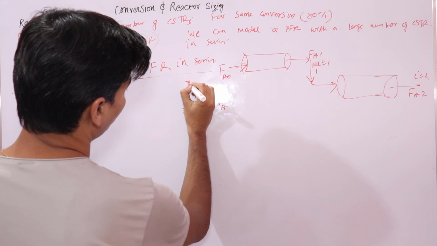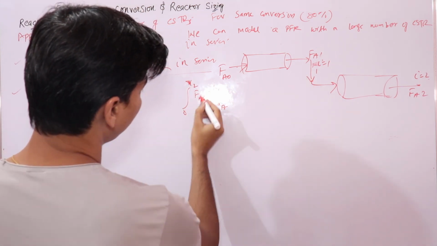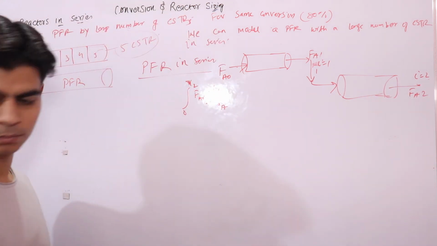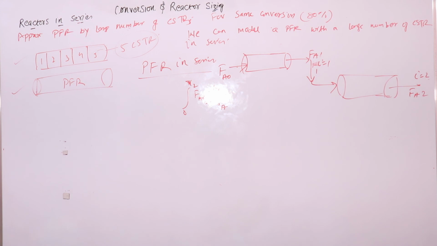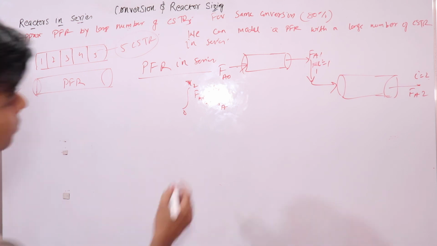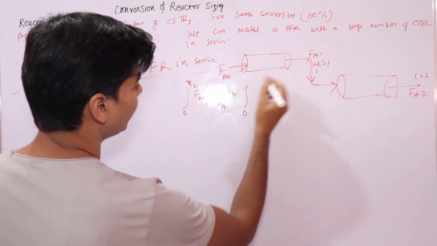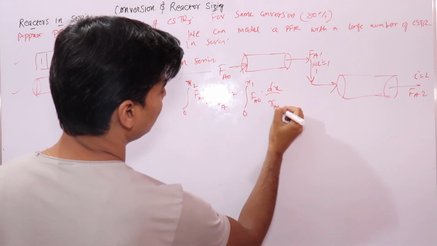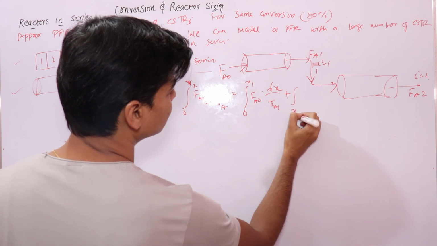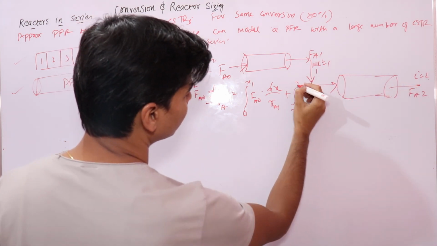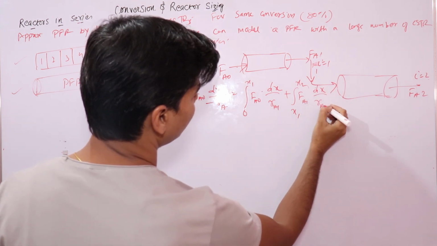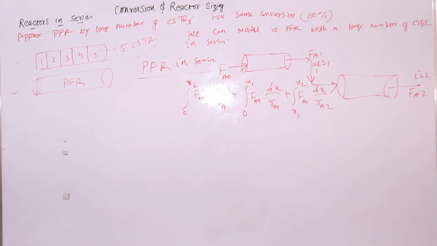We would be integrating this expression from X equals 0 to X equals 2. So what we will get is the integral from 0 to X1 of FA0 dX upon minus RA, plus the integral from X1 to X2 of FA0 dX upon minus RA.